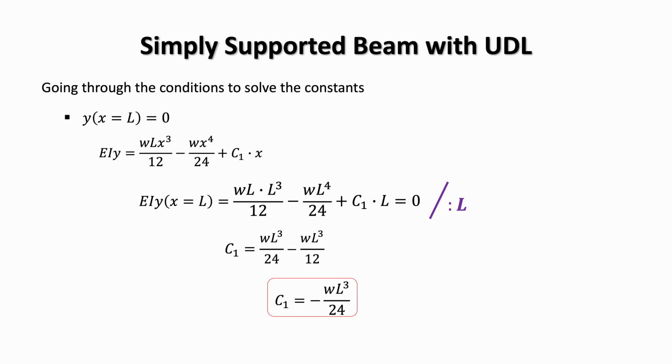Starting off with that reduced equation that we found on the previous slide, we'll then substitute x equals L, and that'll give us an equation in terms of the remaining constant C1. So here you can see that if I divide by L and rearrange, I can find C1, and the result is C1 equals minus WL cubed over 24. With this, both constants of integration have now been fully determined, and the slope and deflection expressions are completely defined.